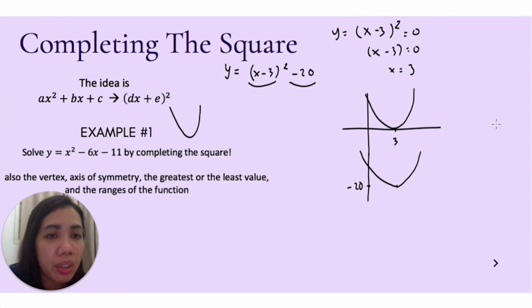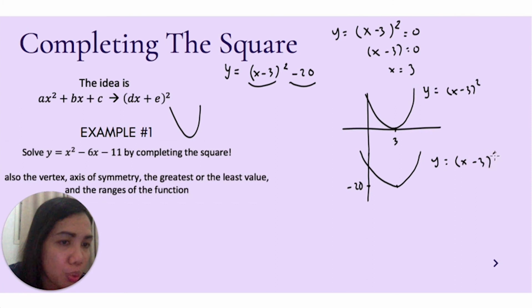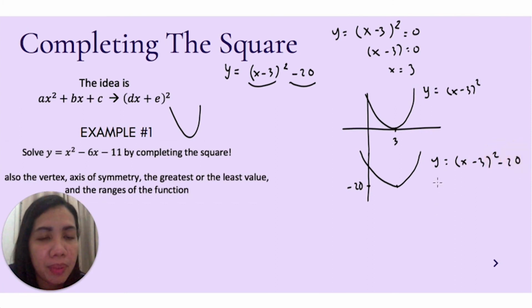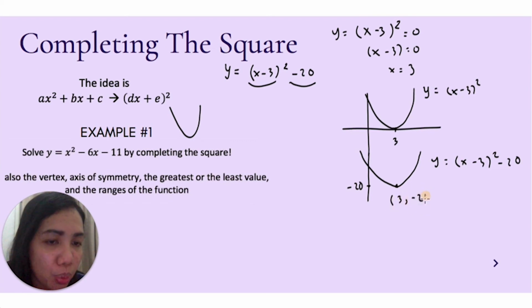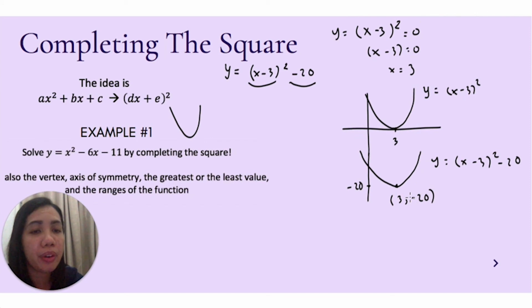Okay, now in here we actually have y equals x minus 3 squared until that, but in here we have x minus 3 squared minus 20. So this is the parabola that we have from this quadratic equation. Okay, the coordinate of the vertex here is 3, minus 20. So this is the coordinate of the vertex.